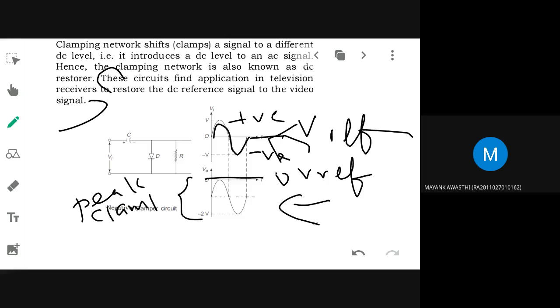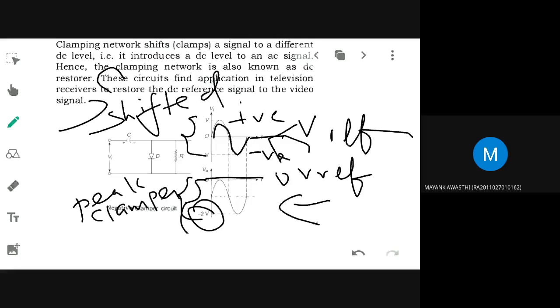So here you have Vm minus Vm, but here what is the amplitude? 2 Vm. What happens here? The waveform gets shifted to the negative side or the positive side? Negative side. So the entire peak to peak waveform is shifted below V reference or above V reference? Below V reference.